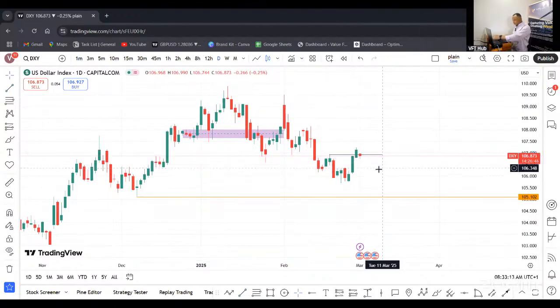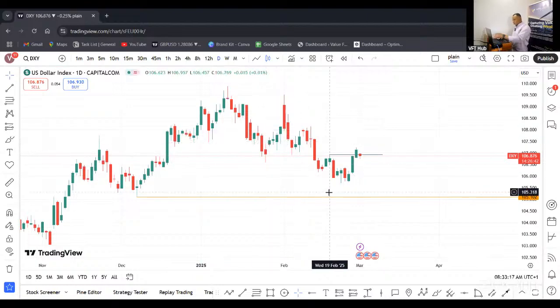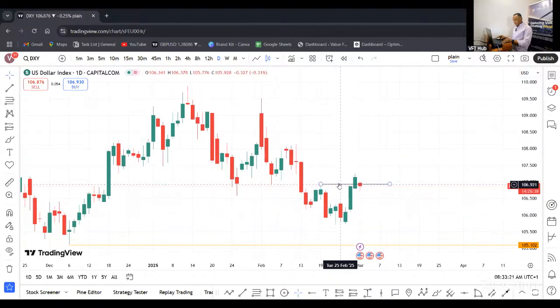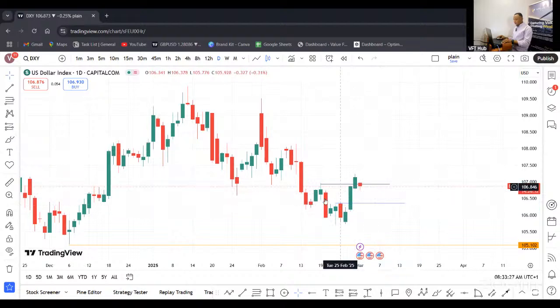So I'll get rid of this so it's clear, and this as well. You can see that price has broken daily time frame structure twice, though the second one looks more obvious, and we're expecting that the dollar index has resumed its uptrend. So we're expecting further movement of the dollar index to the upside.